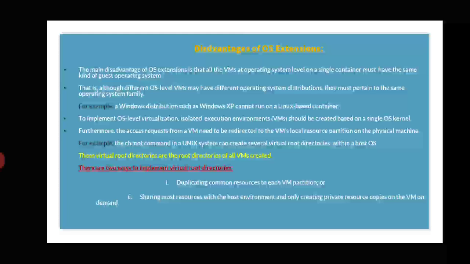The access required from a virtual machine needs to be redirected to the virtual machine's local resource partition on the physical machine. For example, the chroot command in a Unix system can create several virtual root directories within a host operating system. These virtual root directories are the root directories of all the virtual machines we create.